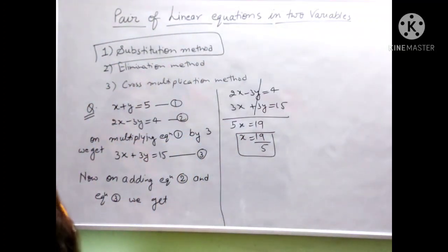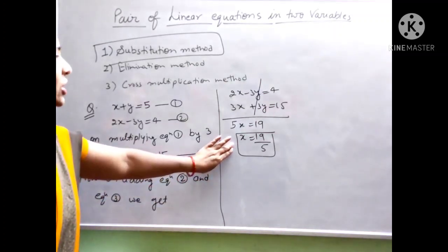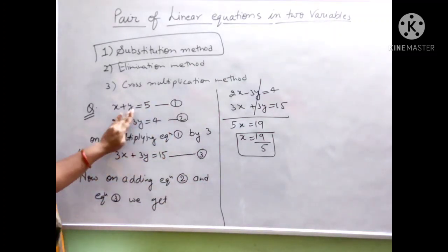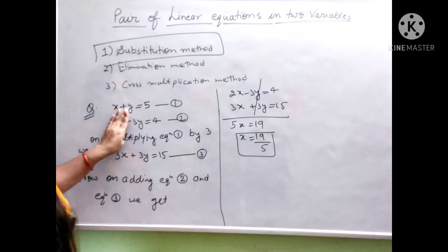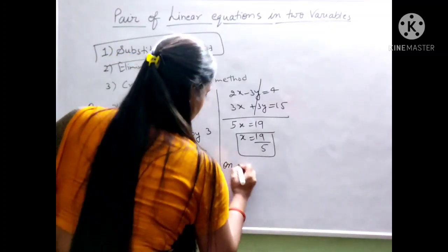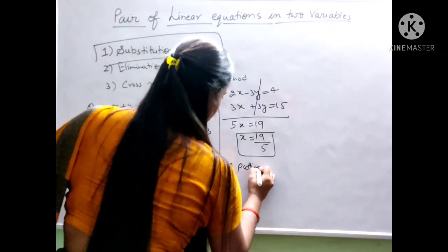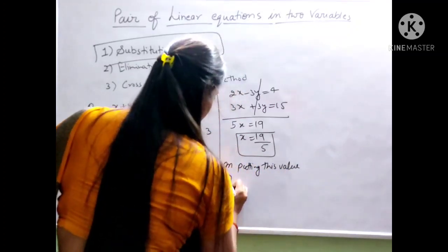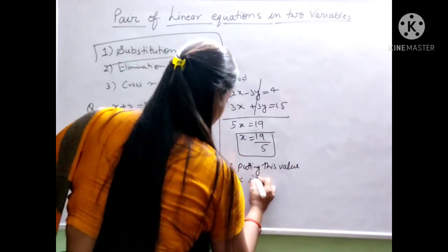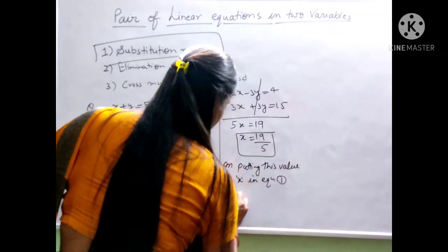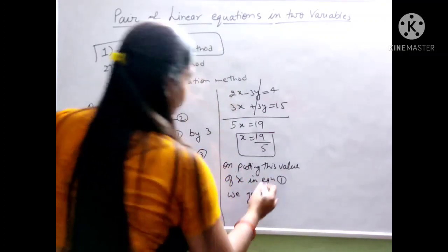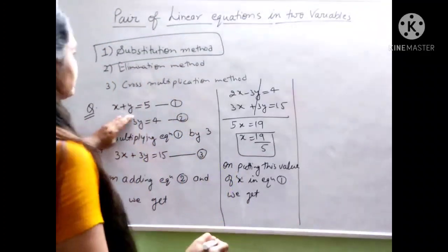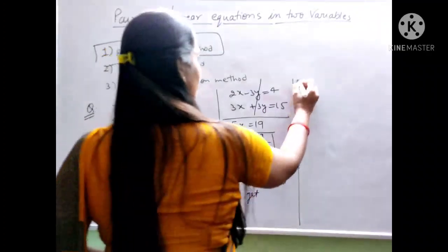Now we have to find the value of y. On putting this value of x in equation number 1, we will get the value of y. x plus y is equal to 5.